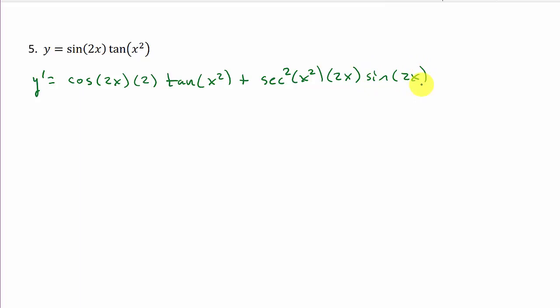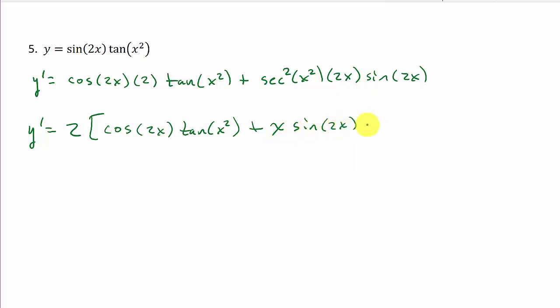And then, I don't know if there's much we can do to simplify it. I guess about the only thing I could do here is factor out a 2. That really is not going to make much difference, but we'll go ahead and do it. So that's 2 cosine 2x tangent x squared plus, and then there's that x, we'll bring that out in the front, and we'll write the sine first instead of the secant, and it's not a big deal.